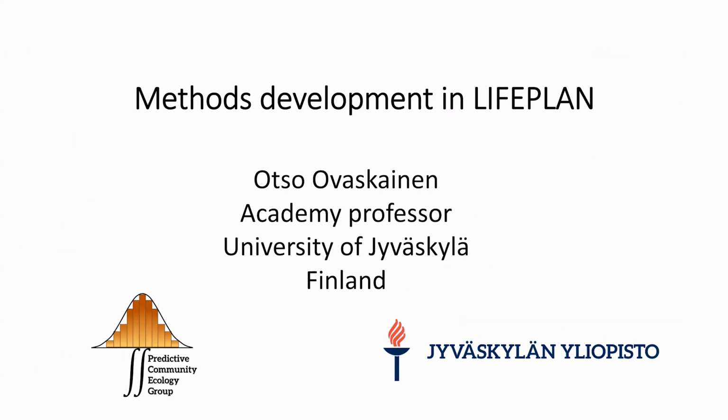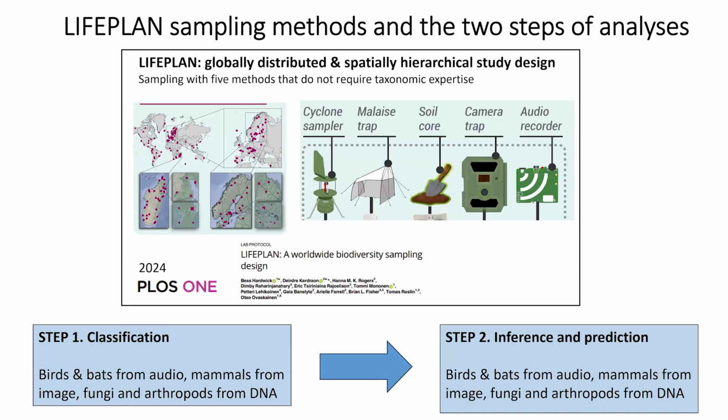So I'm not going to talk about the ecological results or questions. Thomas will address those. I will talk about the state of the methods development in LIFEPLAN. And Bess already presented all the data types and at what stage we are with them. Now, what are the steps we need to take to address ecological questions with these samples?